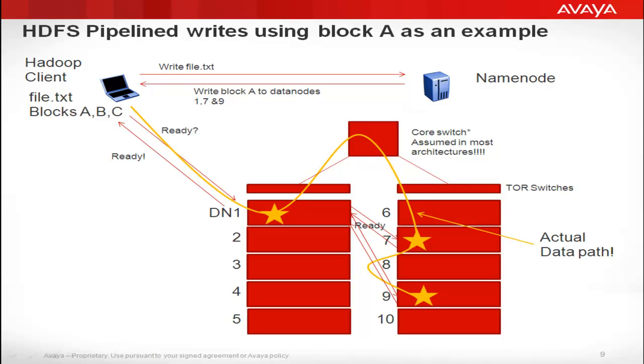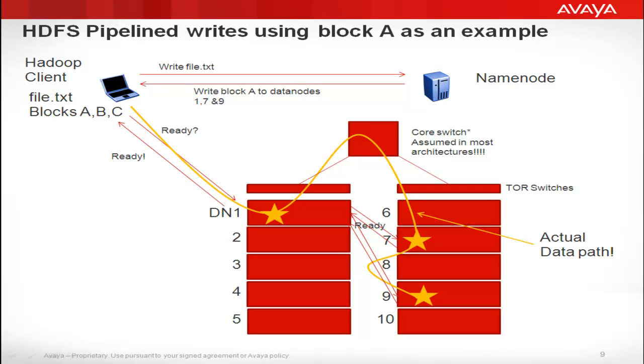HDFS uses pipeline writes to move data blocks into the cluster. In the slide example, an HDFS client executes a write for file.txt. As an example, the user might use the copyFromLocal command. The request is sent to the name node. The name node responds with a series of metadata, telling the client where to write the data blocks.